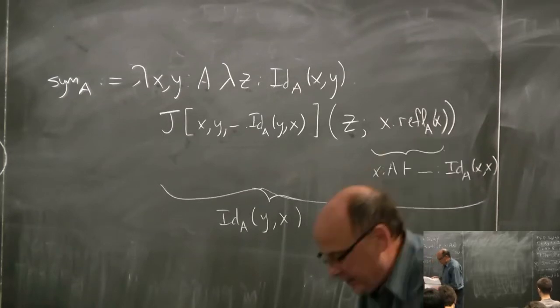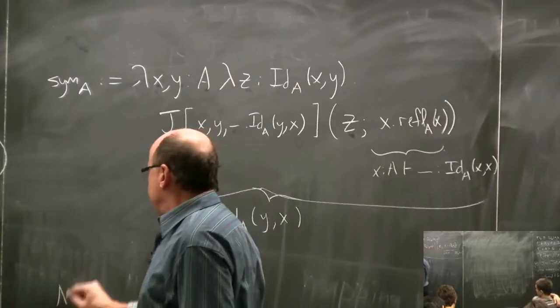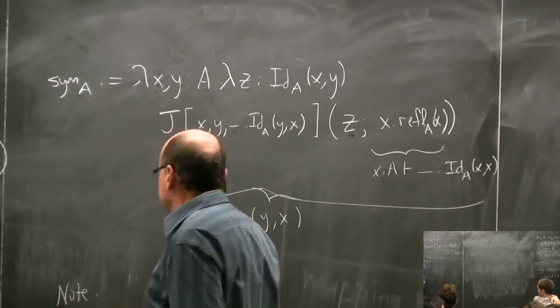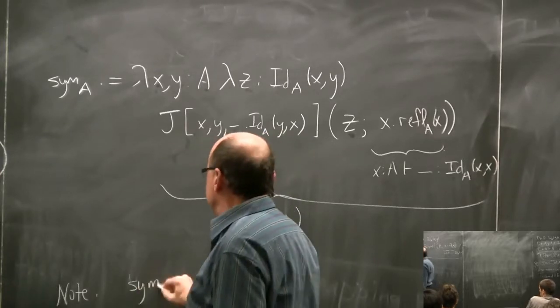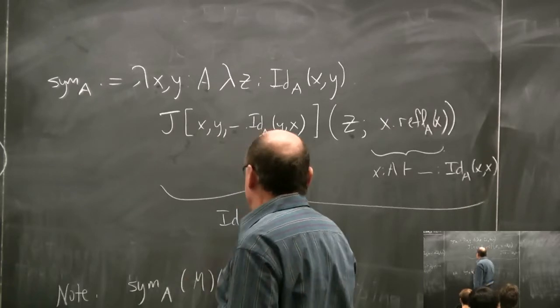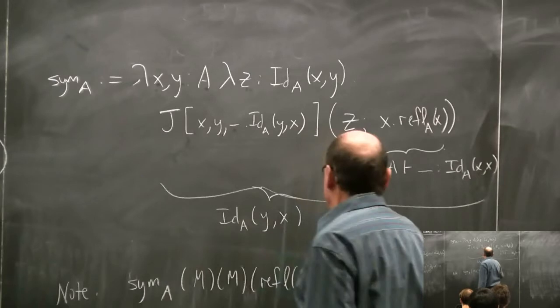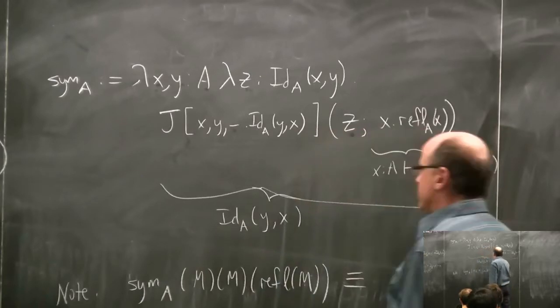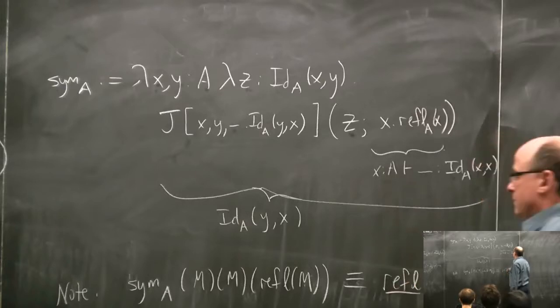Okay, and let me point out one other thing. The other thing I want to note, and we'll need this remark later, is that if you look at what symmetry does to reflexivity, that's definitionally equal to reflexivity.